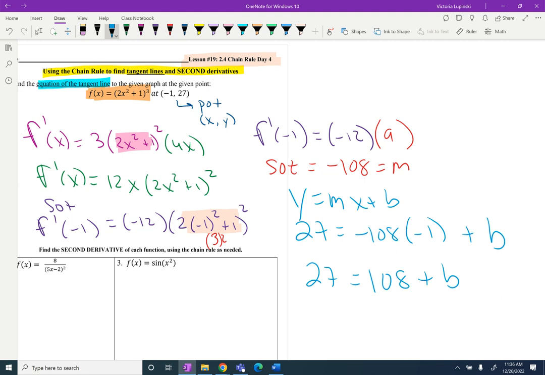And again, rest assured, you may have a calculator on your homework, test, or quiz. So 27 minus 108 is negative 81. That is your B value.